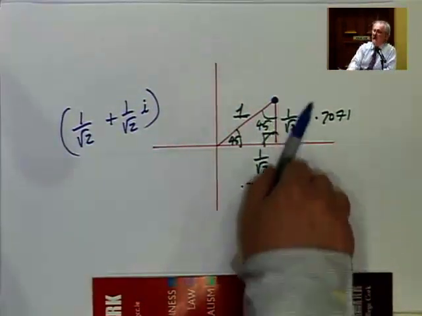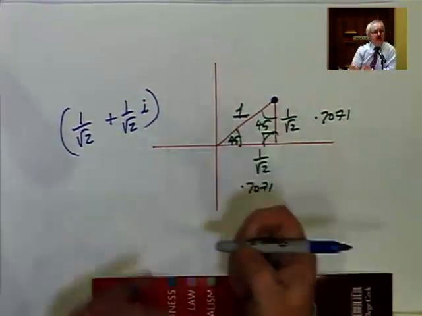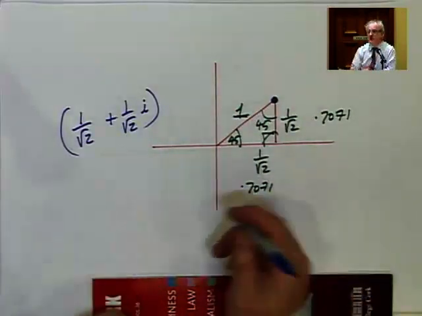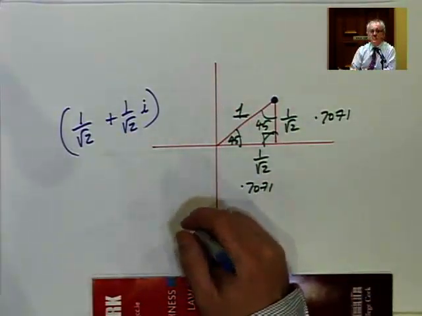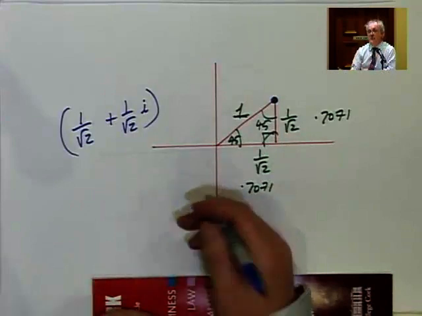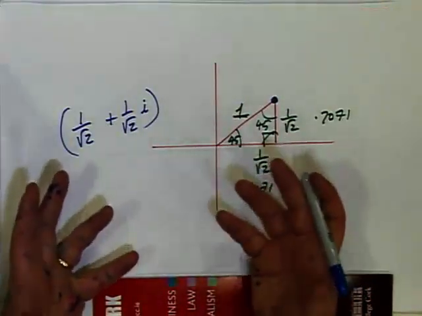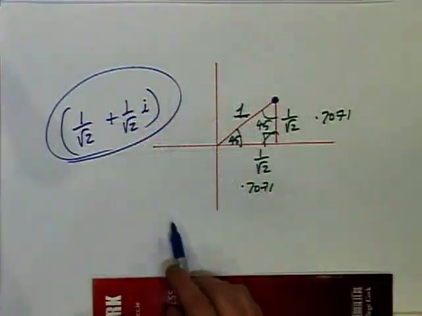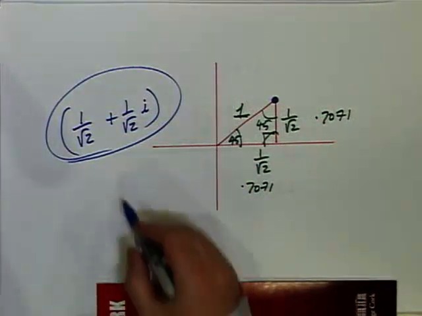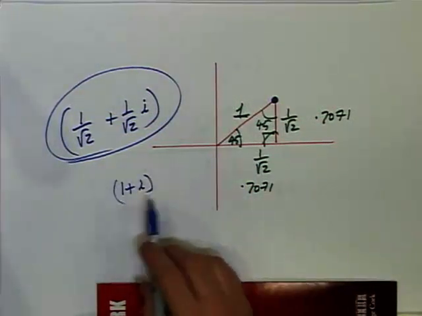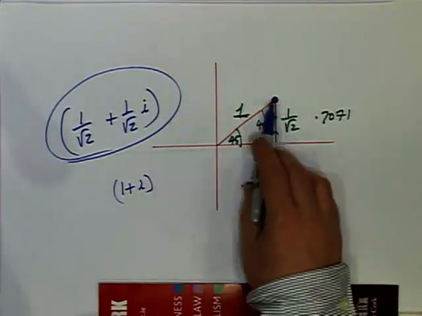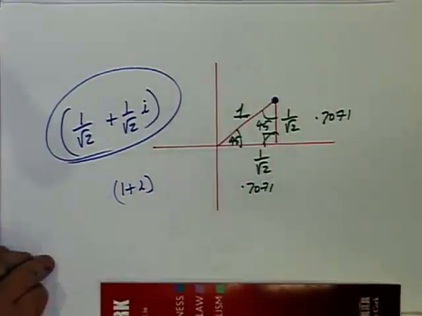So all I'm saying is that when we rotate, just like if we multiply anything by 1, it doesn't change. If you multiply something by 2, it gets twice as big. Multiply it by a half, it gets only half the size. If we multiply it by this number, it rotates, but it doesn't actually get bigger. 1 plus i would cause it to rotate, but 1 and 1 would give you the square root of 2. It would be getting bigger as well.